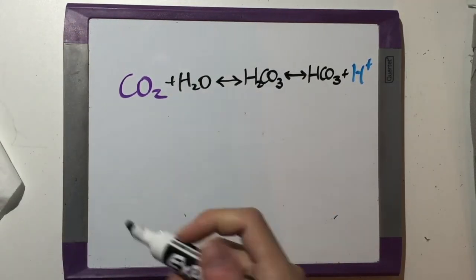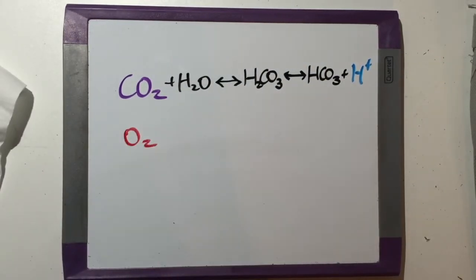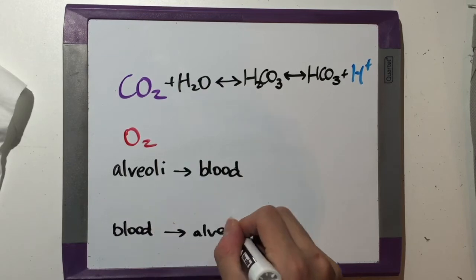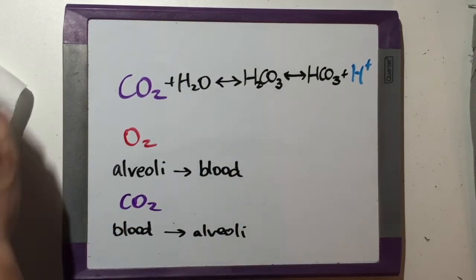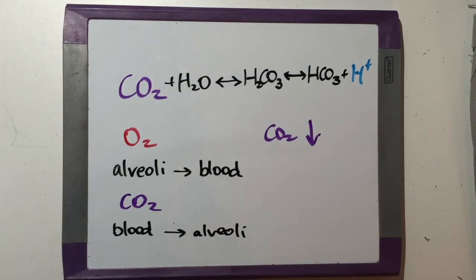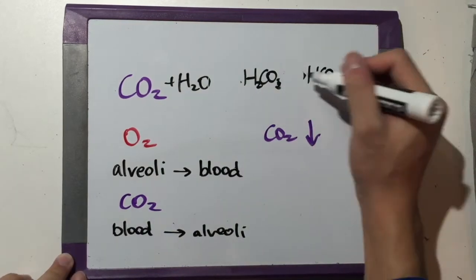External respiration is the gas exchange between the alveoli and the blood. Oxygen diffuses from alveoli to the blood, and CO2 diffuses from the blood to the alveoli. This decreases the CO2 levels in the blood, which forces the previous bicarbonate reaction to the left to create more CO2.